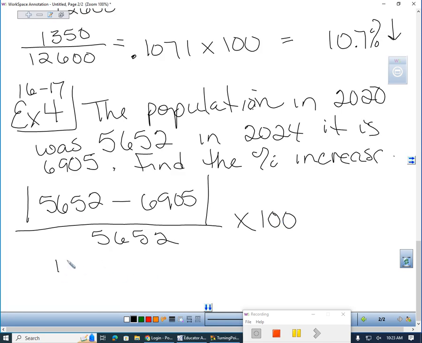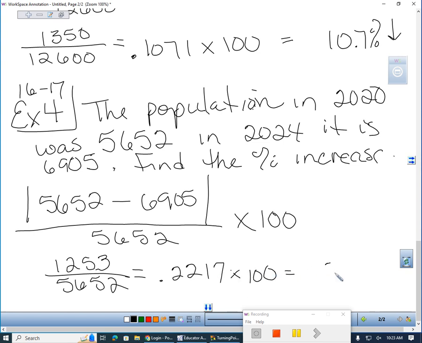So I have 1,253 divided by 5,652. And I got 0.2217 timesing by 100. I get 22.2%. And I don't have to say it's an increase or anything because it already says it in the problem, right? Questions on this?